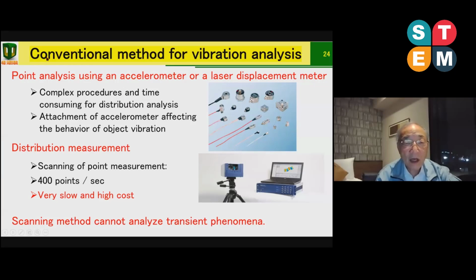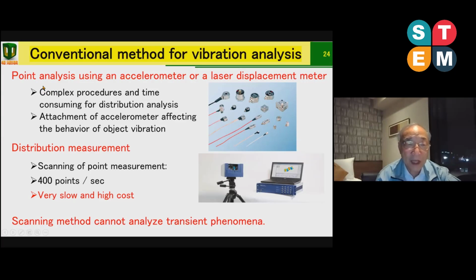Usually, people use an accelerometer or laser displacement meter for vibration analysis.